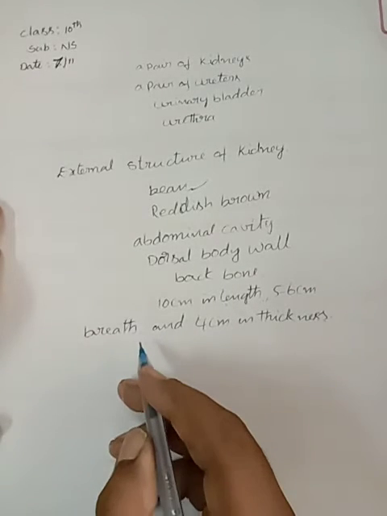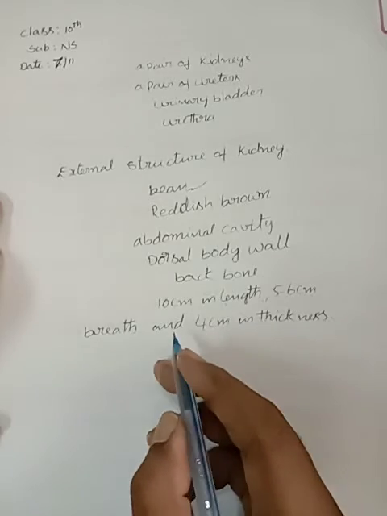Okay, children, each kidney is convex on the outer side.